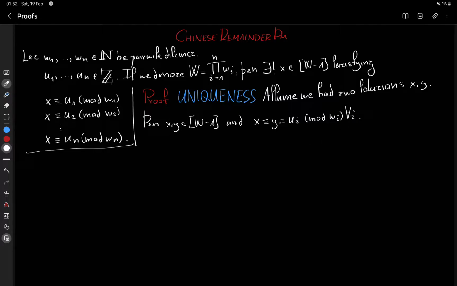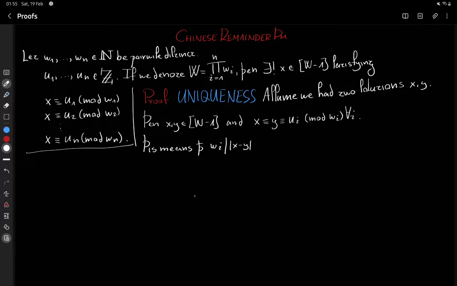Well, since both X and Y are congruent to the same number under the modulo of Wi, that means they can only differ by a multiple of Wi. In other words, this means that Wi divides X minus Y in absolute value.